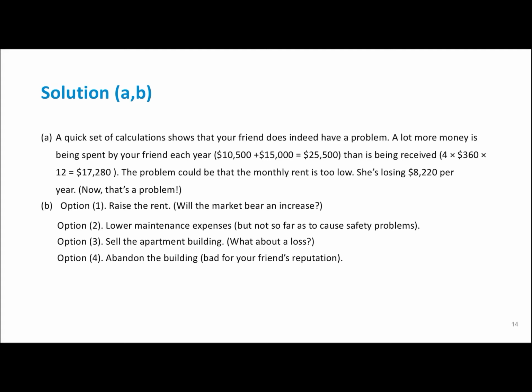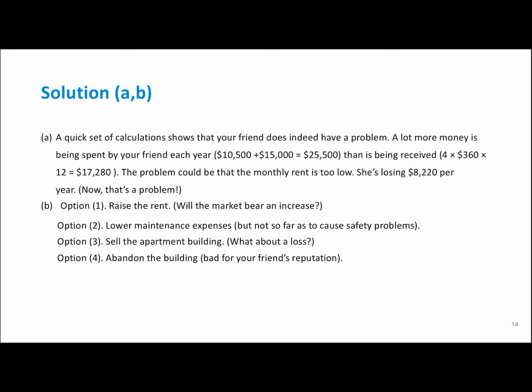Option 3, she sells the apartment building. She can just say, okay, I just sell it, I don't need to keep it anymore. Option 4, abandon the building. She can just leave it, though that would be bad for your friend's reputation.